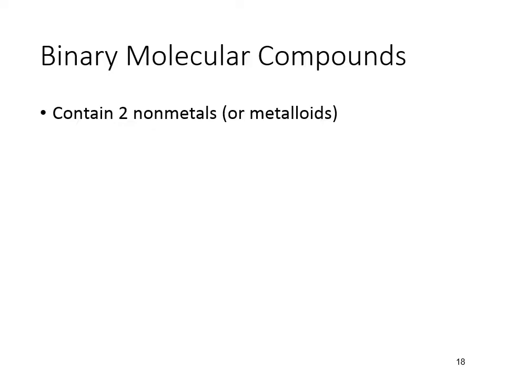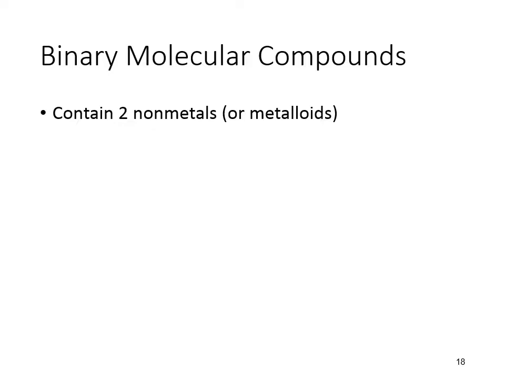So unlike the ionic compounds, where the formulas are restricted to the simplest formula that balances the positive and negative charges, with molecular compounds, you can take the same 2 elements and combine them in a variety of different ratios. And each one needs a unique name.